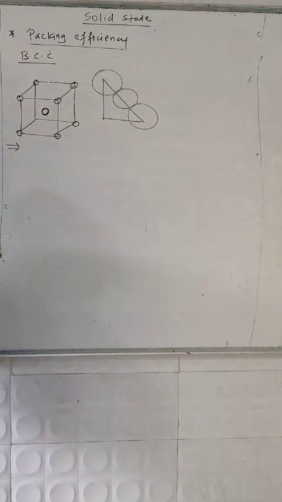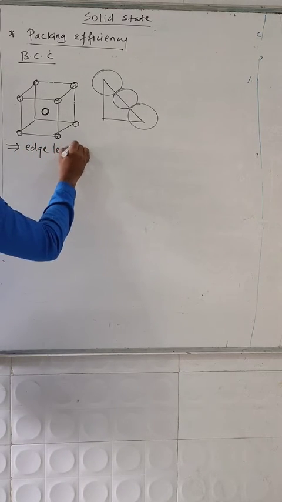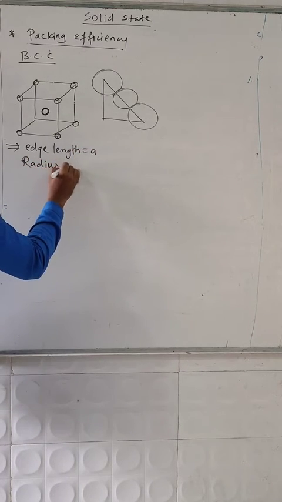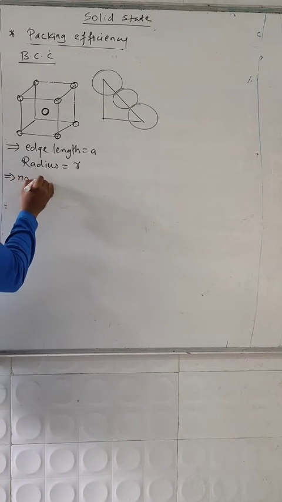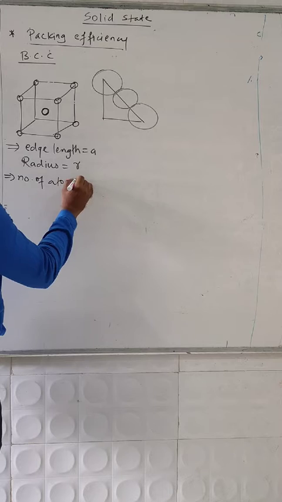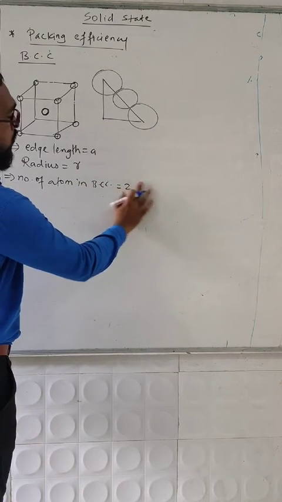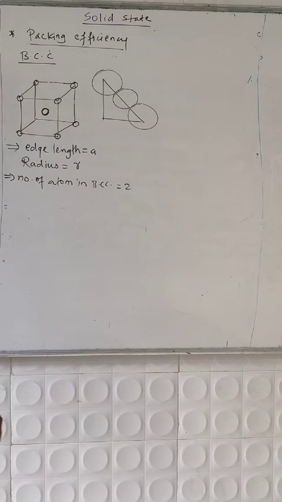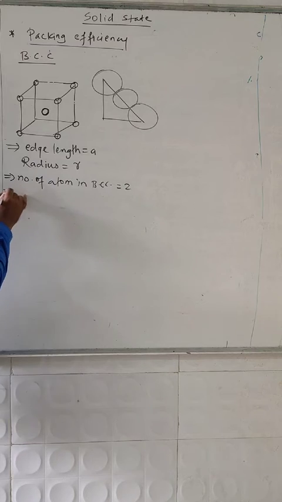Once again, same points. Suppose edge length is equal to a and radius of sphere is equal to r. Number of atoms in BCC is equal to 2. How? 8 corners contribute 1 by 8 each, which is equal to 1, and one complete atom is present at the center.